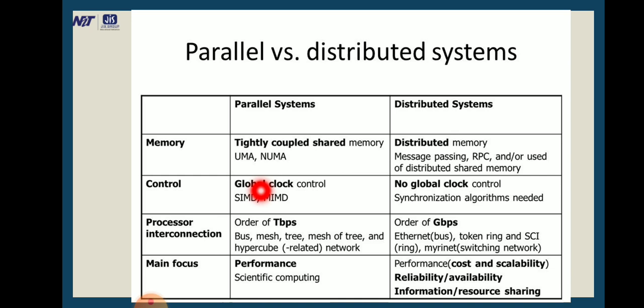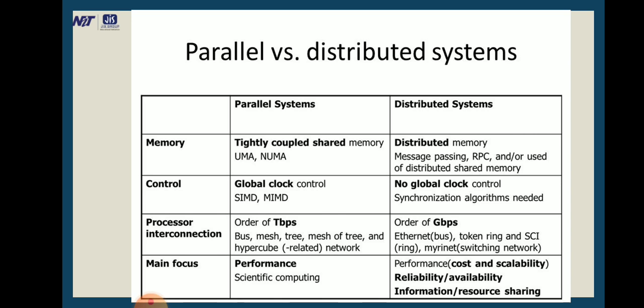Control: in parallel systems, global clock control, SIMD, MIMD. In distributed systems, no global clock control, synchronization algorithms needed. Processor interaction: in parallel systems, order of Tbps, bus, mesh, tree, mesh of tree and hypercube networks. In distributed systems, order of Gbps, Ethernet, token ring and SCI.